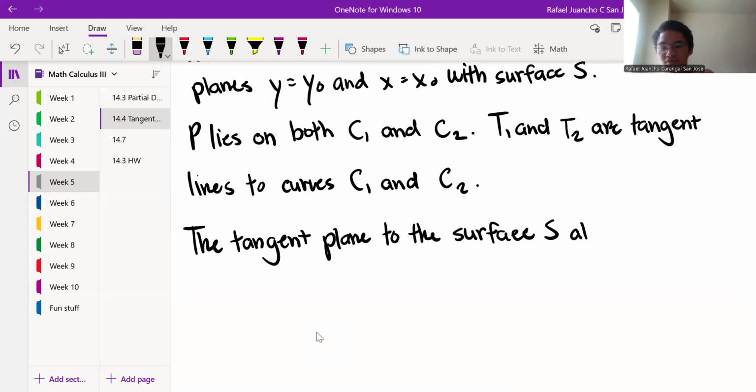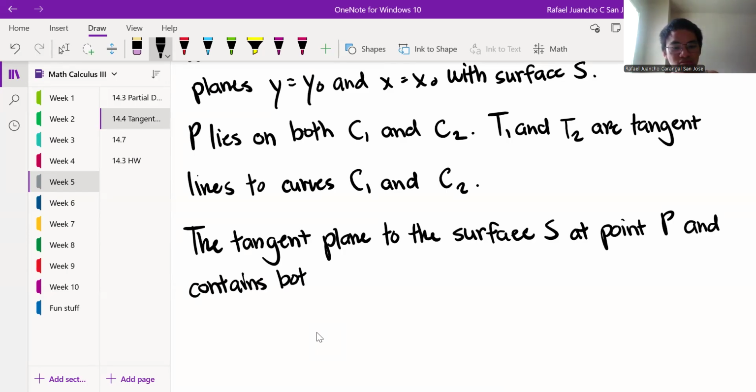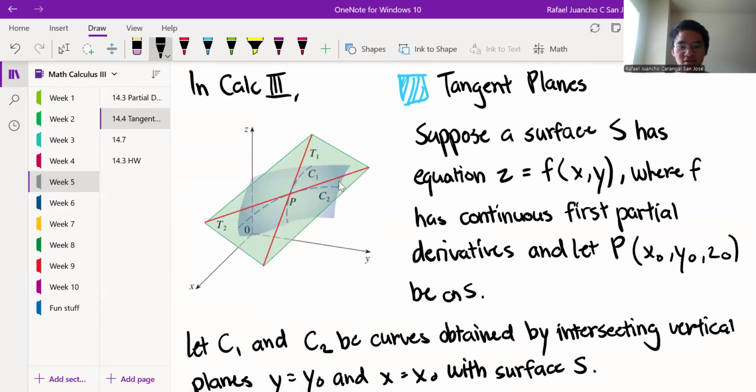So let's say at point P. And it's defined to be the plane that contains both our tangent lines T1 and T2. So that's the idea. This tangent plane contains both T1 and T2, right?